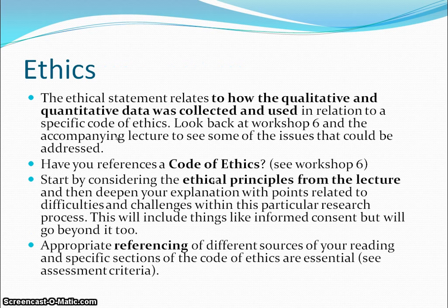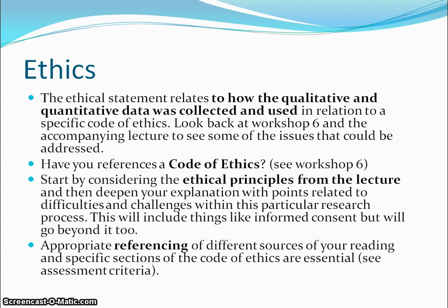The other part of Section A is to revisit the concept of ethics. Ethics are really important when we're considering any kind of data collection or data analysis, and it's really important that you've got a good grounding of ethics before you move on to any type of dissertation at level 6. So the ethical statement in Section A relates to how the qualitative and quantitative data was collected and used.